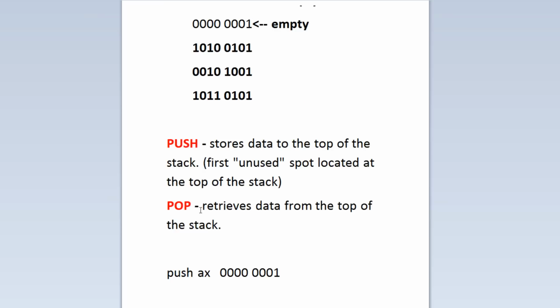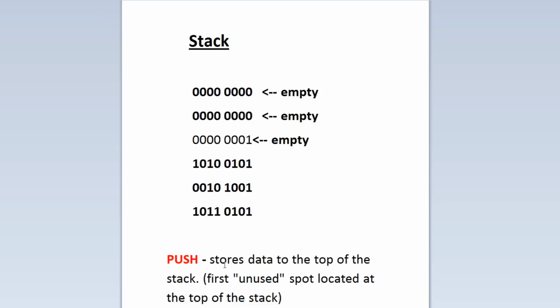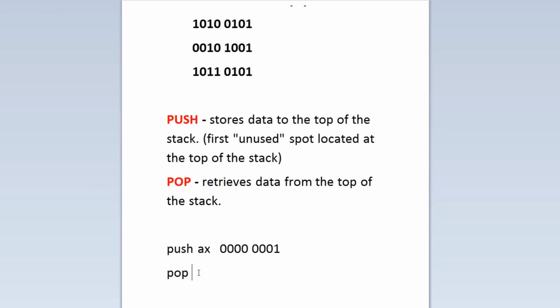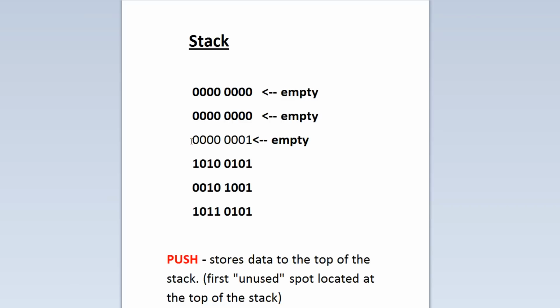Now the pop instruction retrieves data from the top of the stack. So let's say I used pop AX, right? Now push AX, whatever value is in AX again is going to be saved in the first unused spot on the top of the stack. Let's say I pop CX. Now pop goes all the way on the top and it's going to look for the last pushed spot.